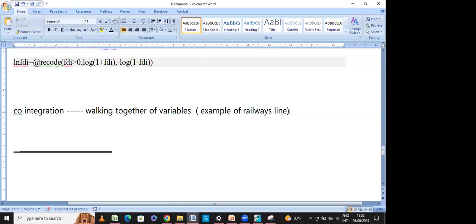It can be either 0 or 1, it can be 1 and 1, or it can be 0 and 0. So the basic question is that you heard we cannot proceed if our dependent variable is at first difference.